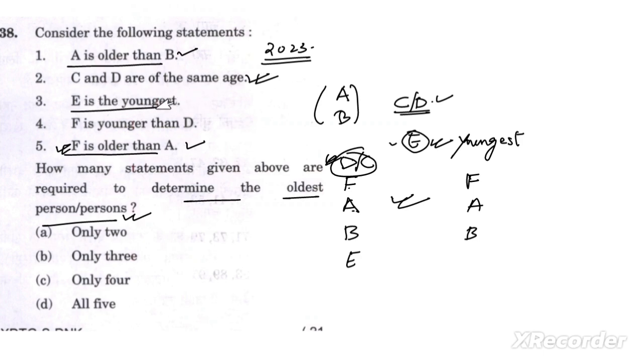If it is not given which one is youngest, it can be among the oldest persons, right? So this is also important. And F is younger than D. Again it is important, because if you don't know whether F is younger than D or not, it can be in the top position, right? So that's why all statements are equally important here, all five are important to get the answer.